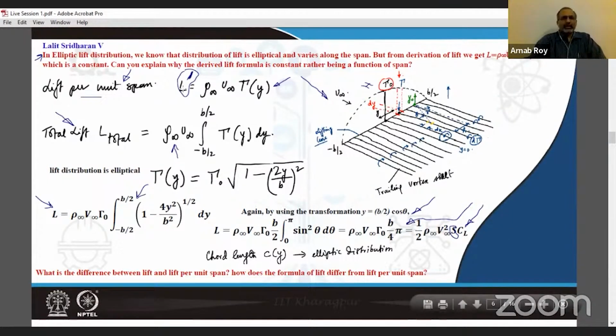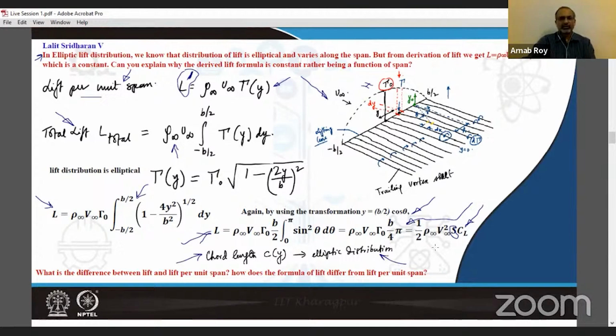Okay, so here L dash was that lift per unit span, while this is the total lift that is acting on the planform of the wing. And we can show that when the lift distribution along the span of the wing is elliptic in nature, so is the chord length distribution. You may recall that even in my lecture, I had asked you to go back and refer some other books and references and find out how to do this problem.